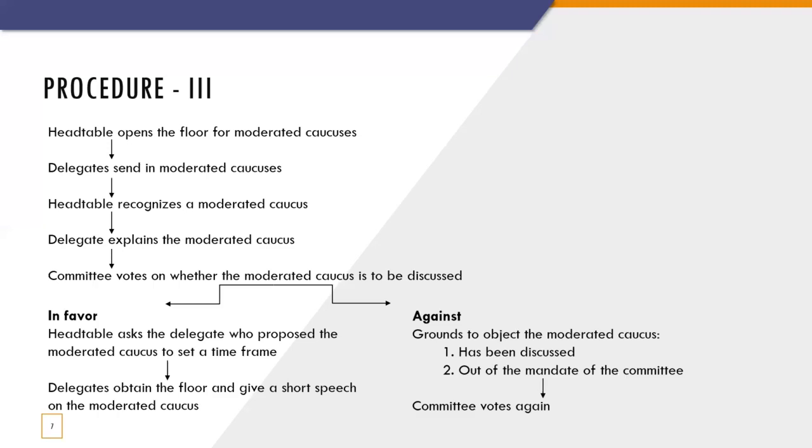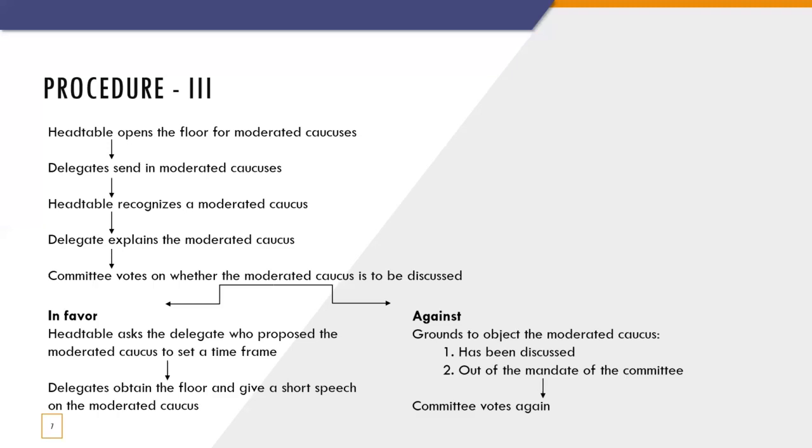Unless the delegate has a choice of how many seconds, whether it's 45 seconds and 4 speakers, the basic thing to do would be to say it is up to the discretion of the head table, and the head table will decide how many speakers are going to speak and for how long.